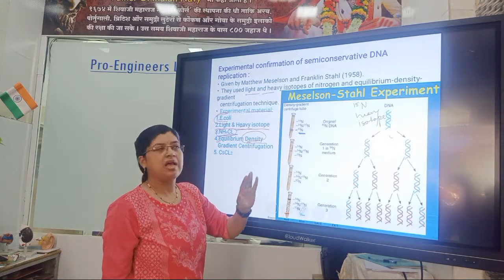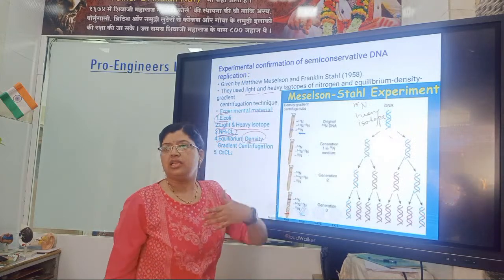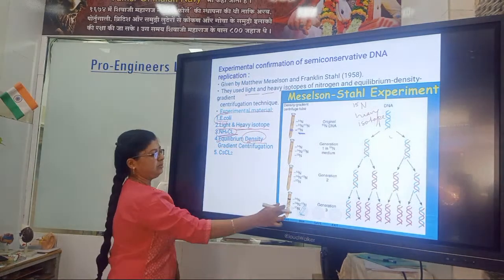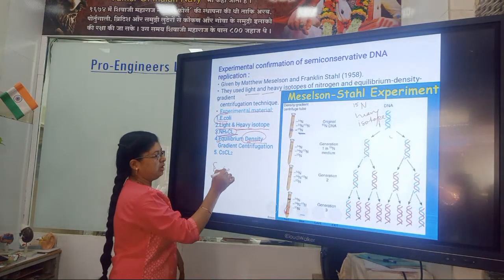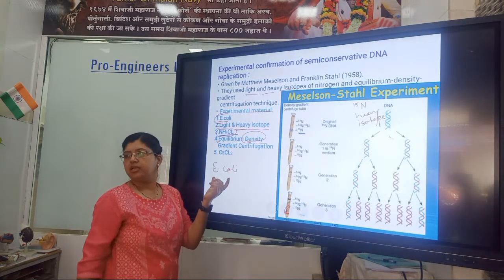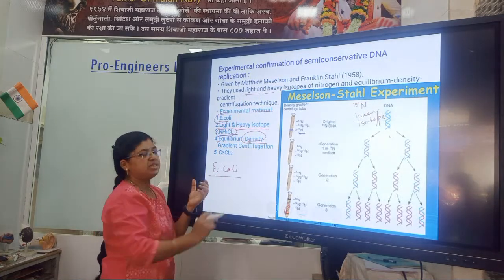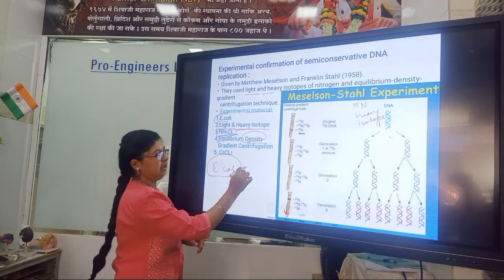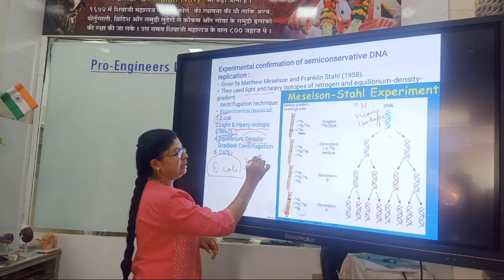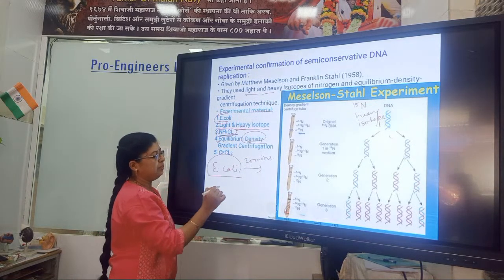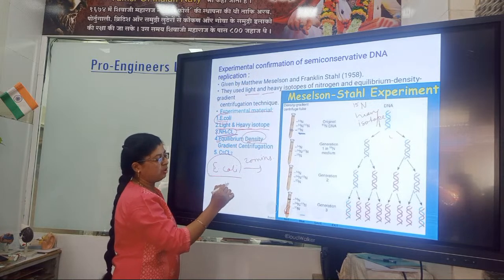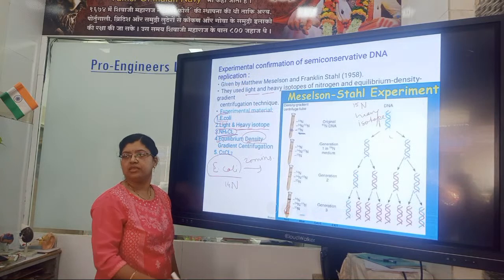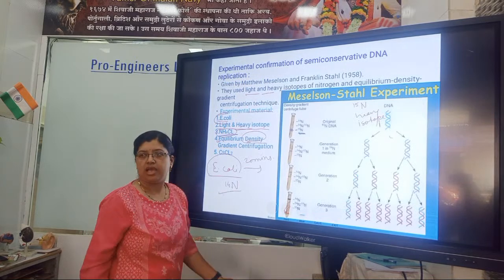Clear? Now they allow that E. coli to go into the next generation. What happens? They allow the E. coli for 20 minutes in the medium containing 14N isotope, that is light isotope.